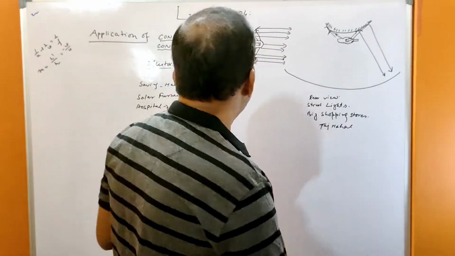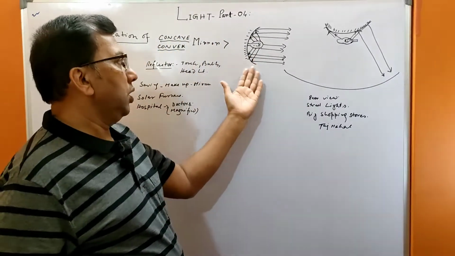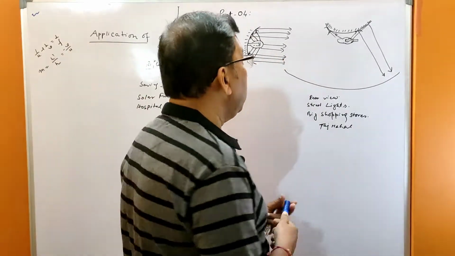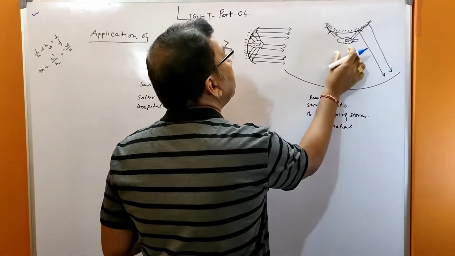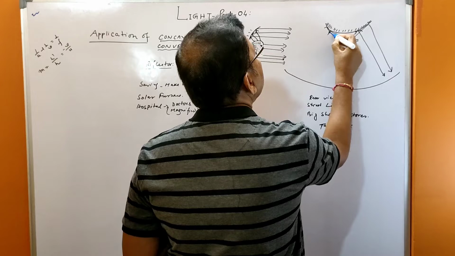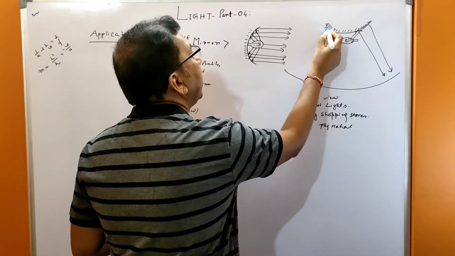So see, what are the applications of concave and convex mirrors? Suppose this is the concave mirror, and this is the convex mirror. In this case, you see the bulb, the light rays going and being reflected.